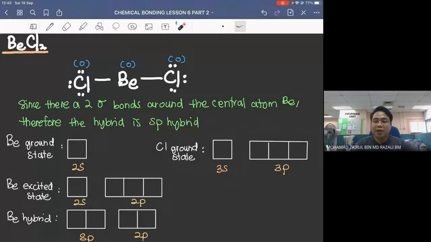Okay, beryllium at ground state we have 2 electron. Okay, sebab beryllium group 2, period 2, s block. So sebab tu dia dekat 2s orbital. So awak lukis 2 electron. So kalau awak tengok around the beryllium awak ada 2 sigma bond. Okay, kalau awak ada 2 sigma bond, maknanya awak memerlukan 2 unpaired elektron.